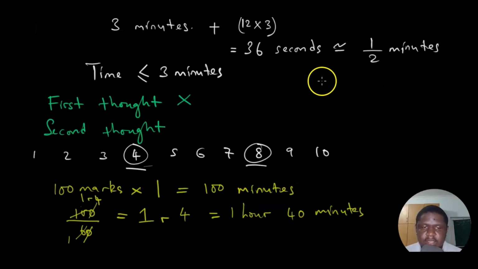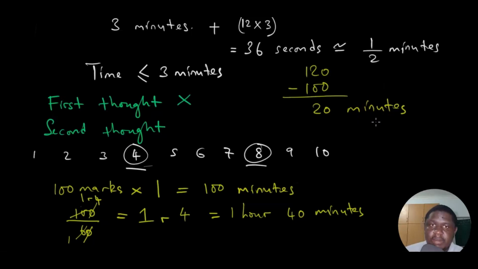Then of course we take 100, subtract it from 120, put it aside, 20 minutes. So if you follow the 1 mark 1 minute rule, you have 20 minutes to revise your work, which is good.